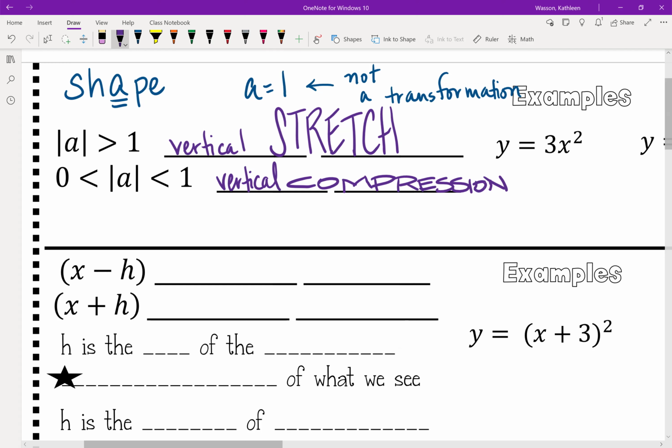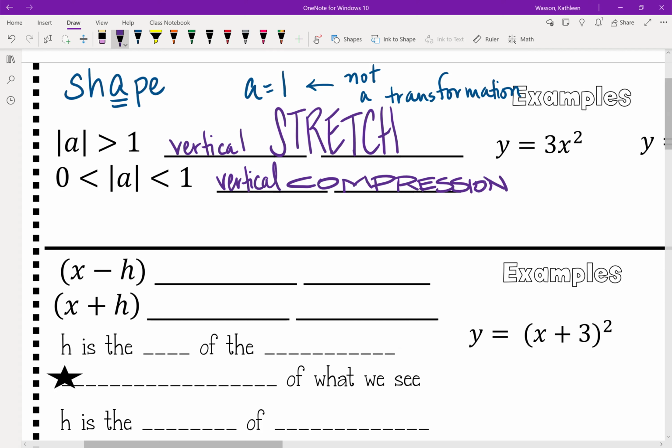a is going to be used for, well, I'm going to introduce a way of graphing today in a few minutes. That is the step pattern. It'll be a multiplier. It's kind of like slope.